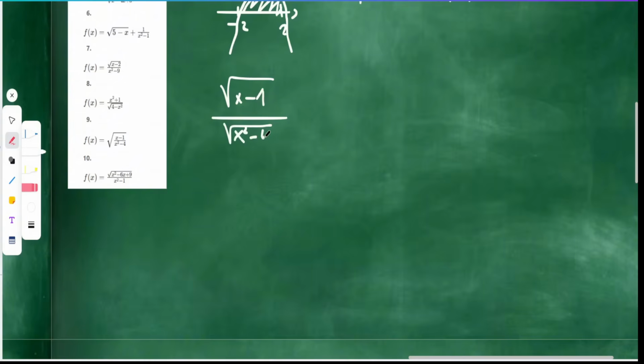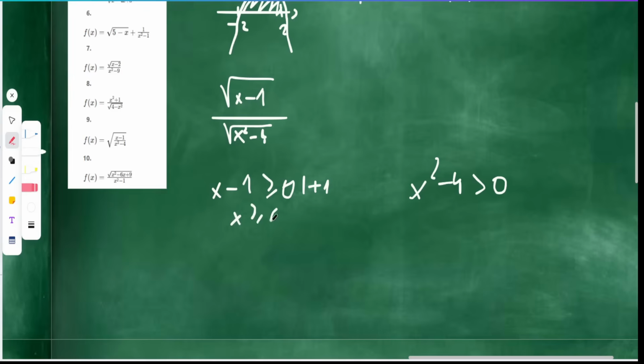So it follows from this that from the numerator, it results that x minus 1 has to be greater or equal to 0. Additionally, x squared minus 4 has to be only and exclusively greater than 0. We can quickly solve plus 1, that is x greater than or equal to 1. And this we can write x minus 2, x plus 2.